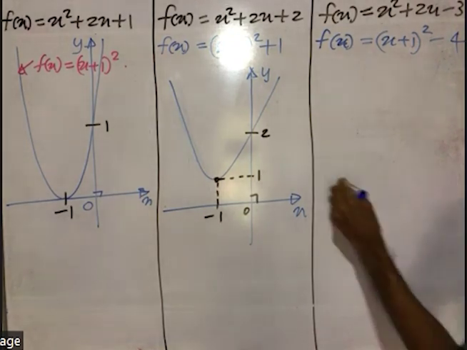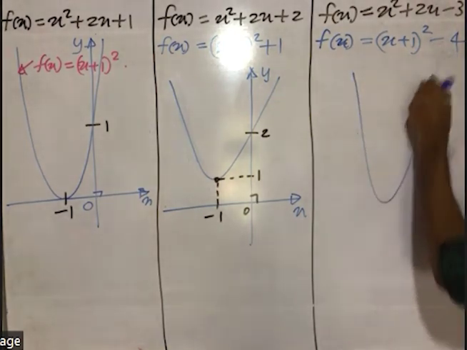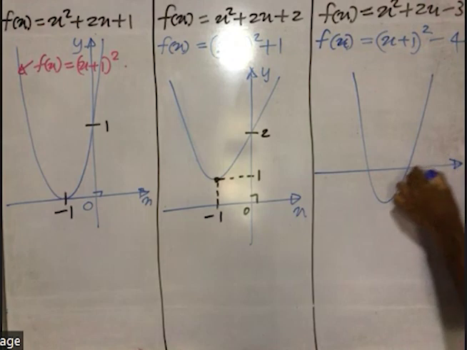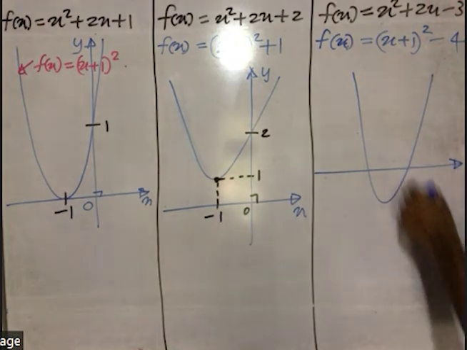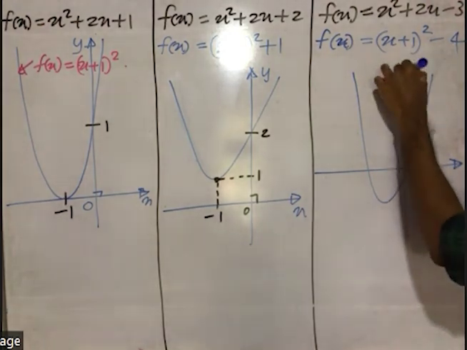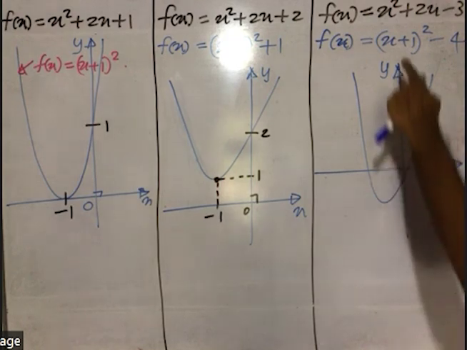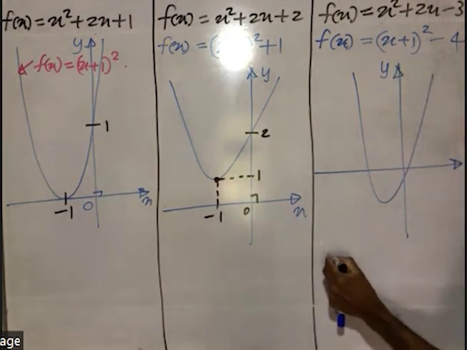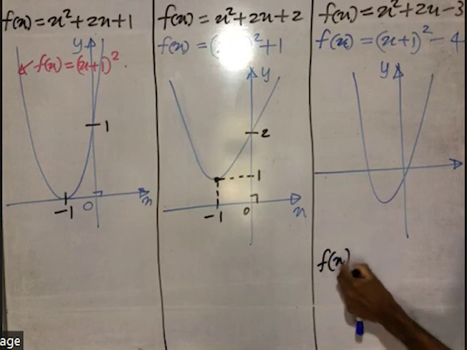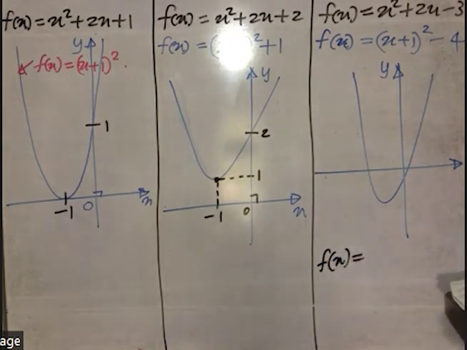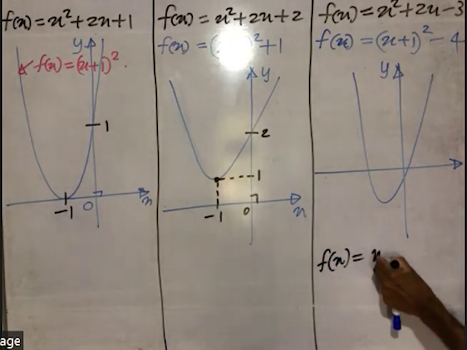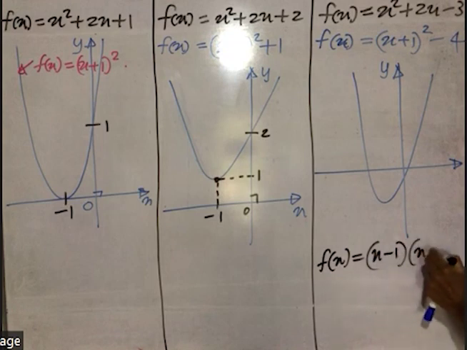Therefore, we will have two intersection points. So this is the graph. This is the parabola, with the x-axis and here the y-axis. Right. Now we can separate this into two factors, f(x) equal to (x minus 1) into (x plus 3).